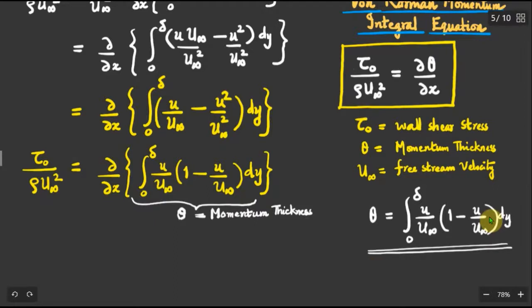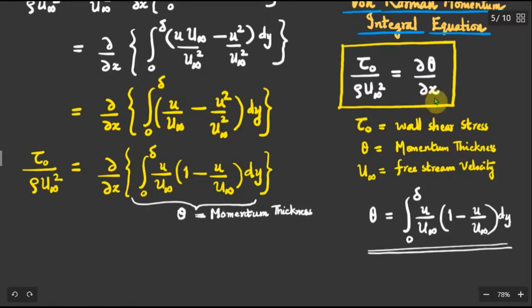So if you are given the velocity profile u by u infinity, then you will be in a position to find the momentum thickness theta in terms of boundary layer thickness delta. Once you get the momentum thickness, you can substitute it in the von Karman momentum integral equation, tau 0 by rho u infinity square equals dou theta by dou x.